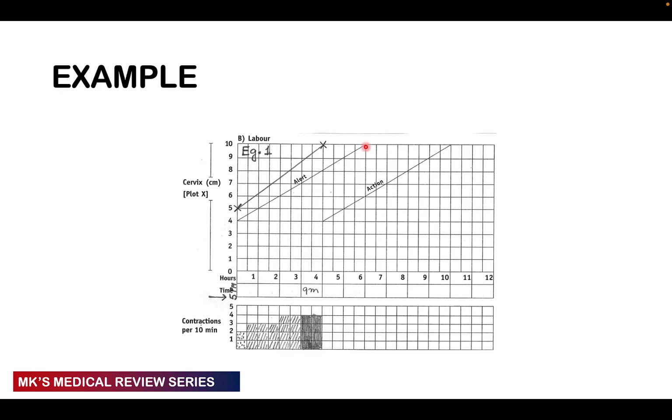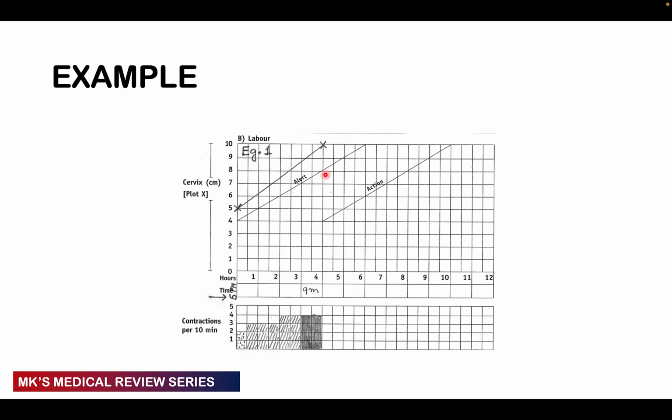In this case, this patient was fully dilated, but suppose this patient came in at 5 centimeters, then you plotted your 5 centimeters here, then you assess her 4 hours later and you realize that she's 8 centimeters, or 9 centimeters, you would deem that as adequate, because this person would still be at the alert line.